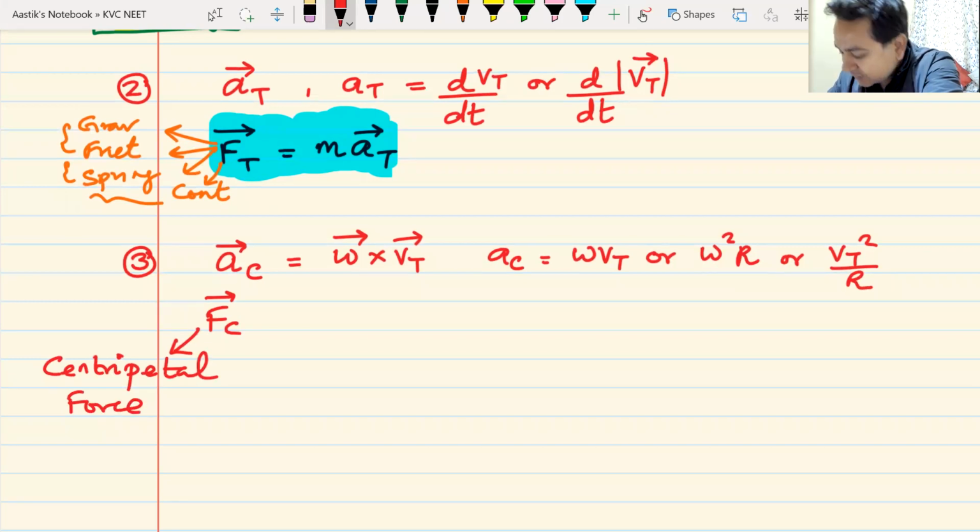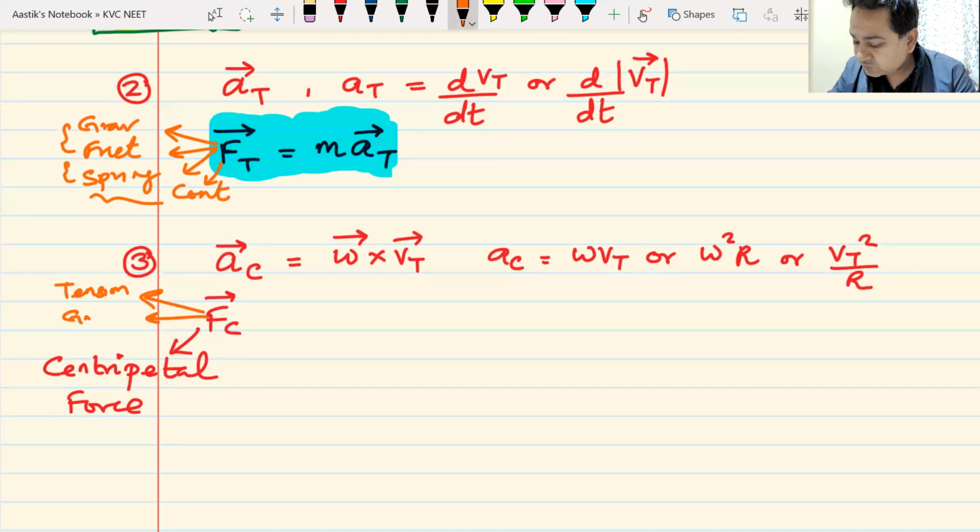So now we welcome the main hero of this chapter, centripetal force. What does this centripetal force do? Now, this centripetal force can be any force that we have studied till now. It can be your tension in the string. It can be your gravitational force. It can even be your spring force. It can even be your frictional force. It can even be your normal reaction force.